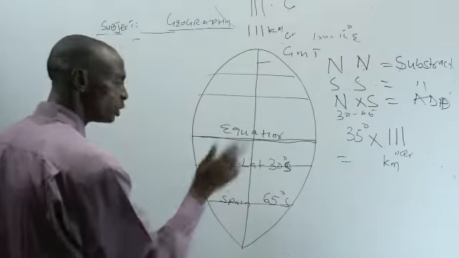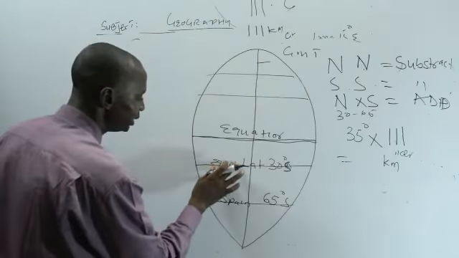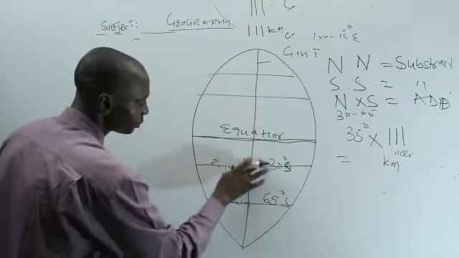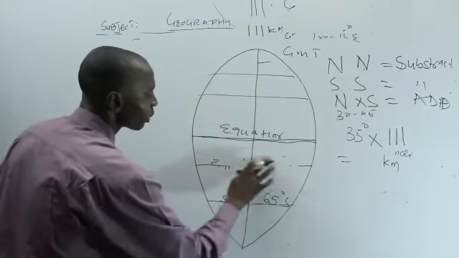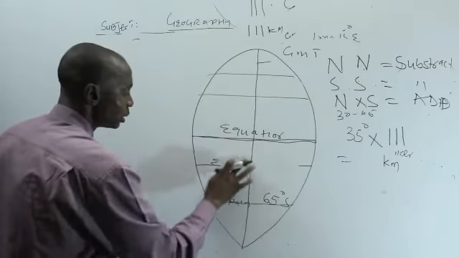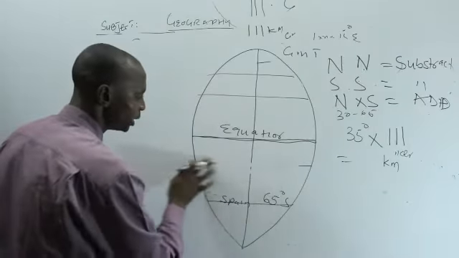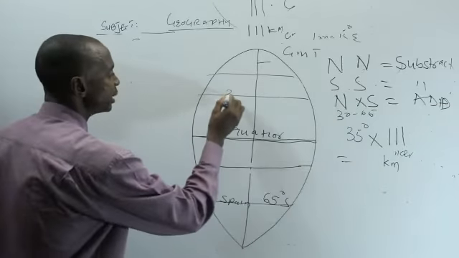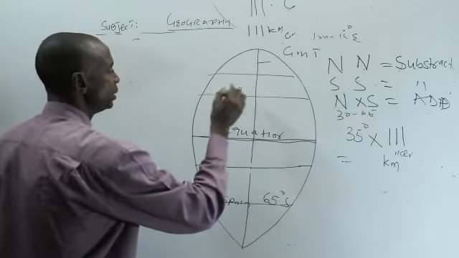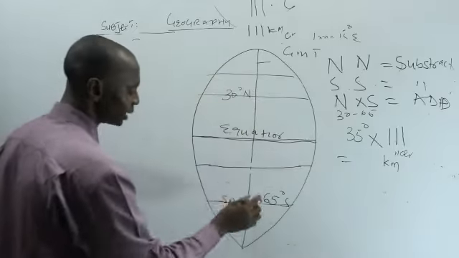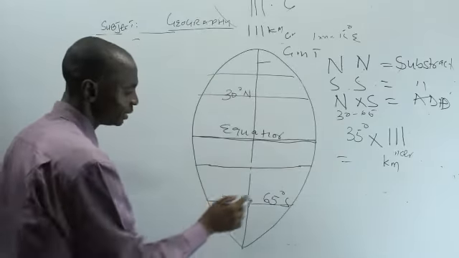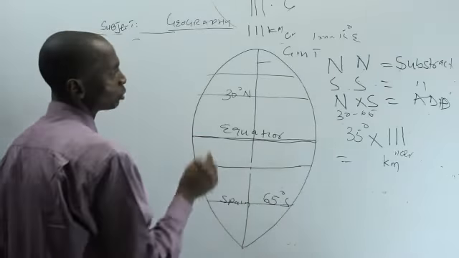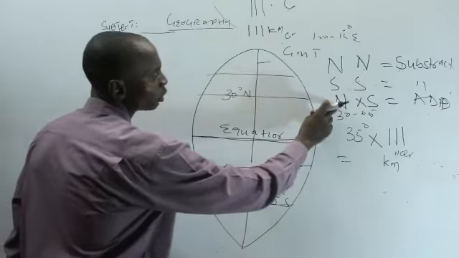But if it is the other way around, Egypt is not here, Egypt is here, 30° north, and Spain is 65° south. You come here, north and south.